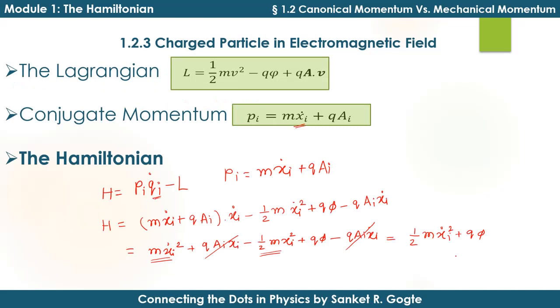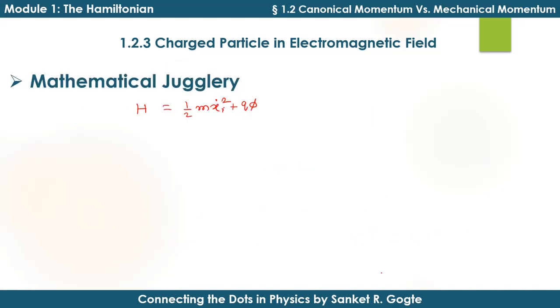So H is equal to, what was it, 1 by 2 m xi dot square minus or plus q into phi. Am I correct? Yes. So now H has to be written in terms of p.